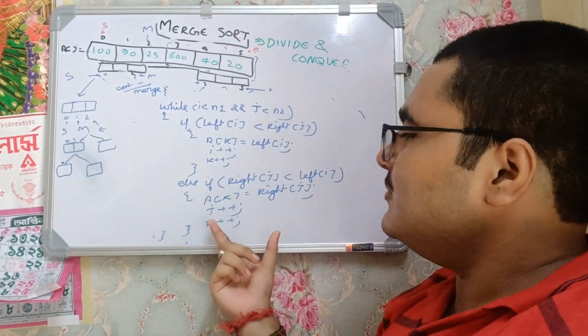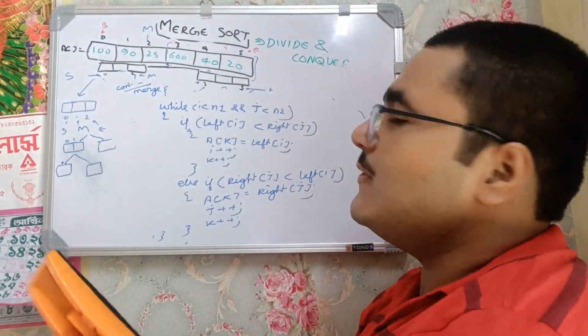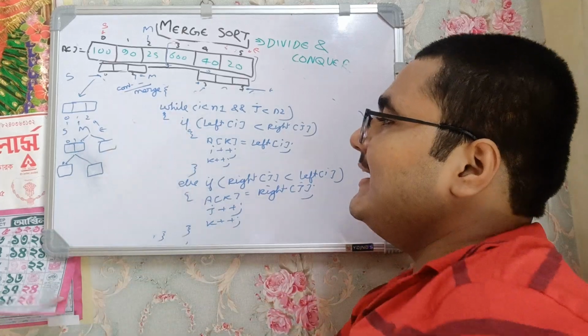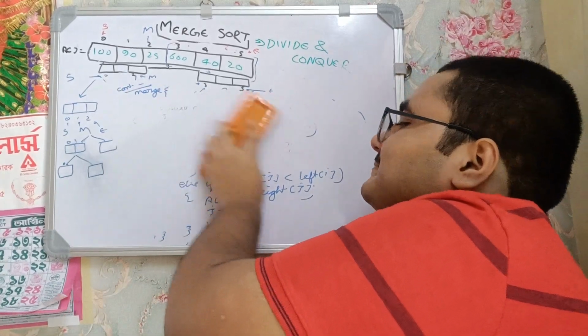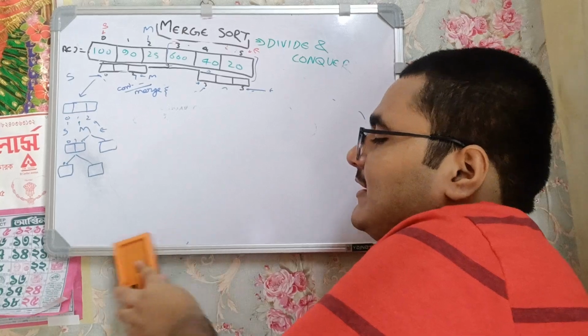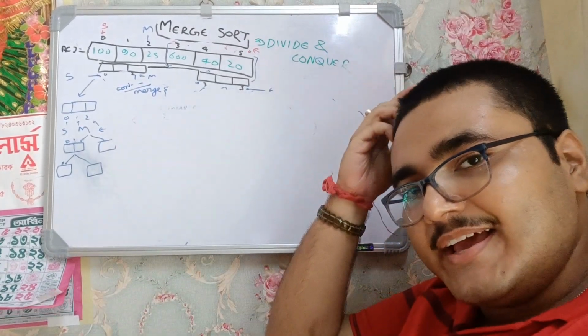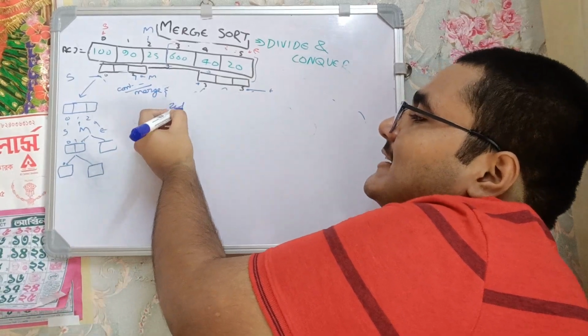So this is the step we have done, and then if we proceed, we will be considering the remaining elements. Either the left array has remaining elements or the right array has remaining elements. So if the left array has remaining elements, we can write a separate while loop.